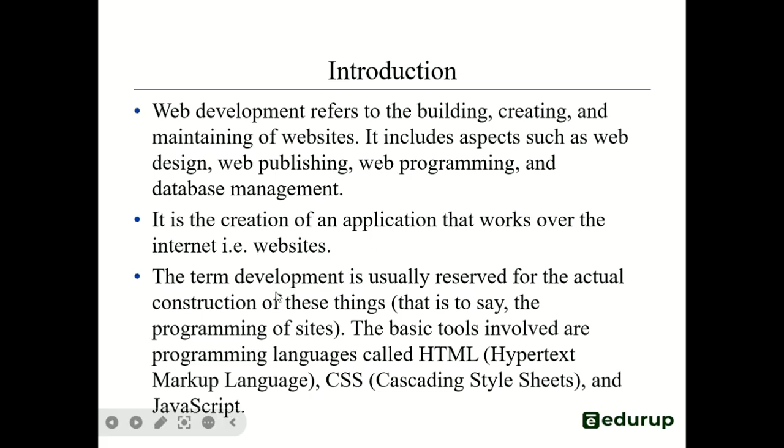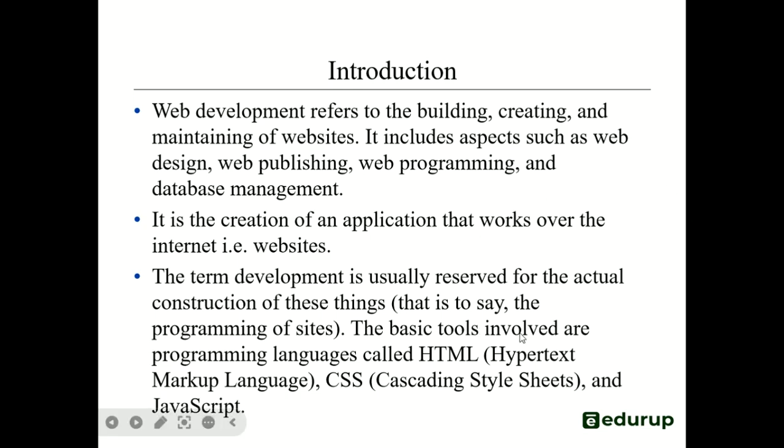Next, the term development is usually reserved for the actual construction of these things. That is to say, the programming of sites. If I wanted to develop a web, how can we develop? Through the languages.